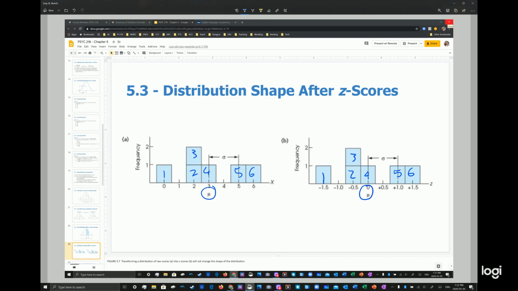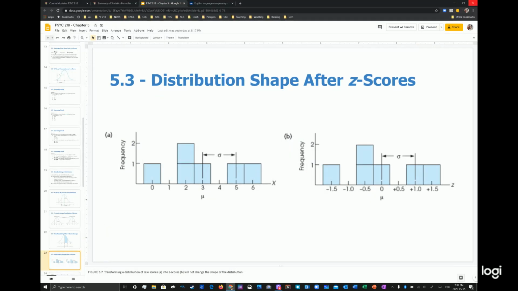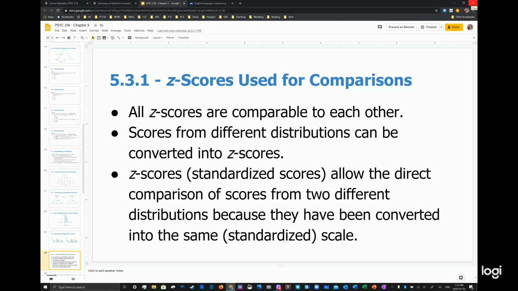In distribution A, they're x values, so we use x values on the x-axis. Distribution B is a standardized distribution because we're using z-scores, and the x-axis now has labels of z-scores. The frequency on the y-axis doesn't change. It's still counting the people, so the shape doesn't change either. So this is the slide where we start talking about using z-scores for comparisons.